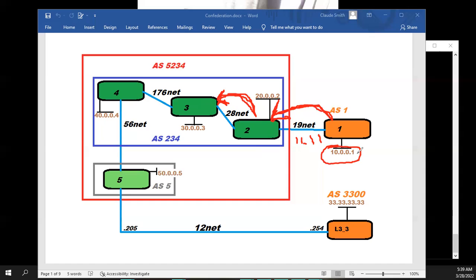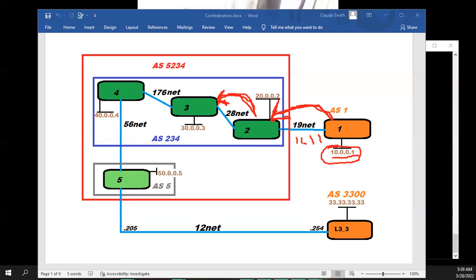He has a network of 10.0.0.1, and I'm going to get to him on the next hop of 1.1.1.1. Now he passes all that information on to router number 3.